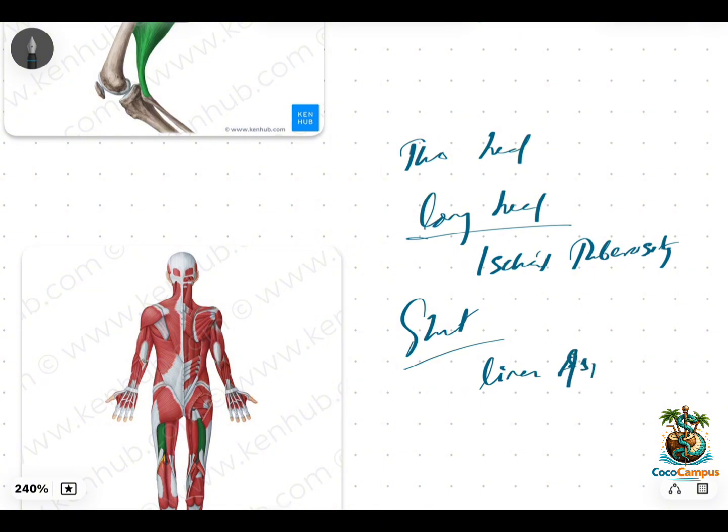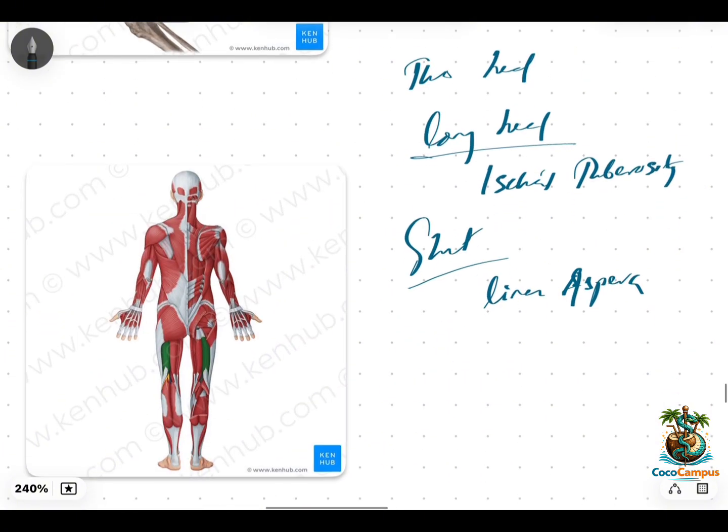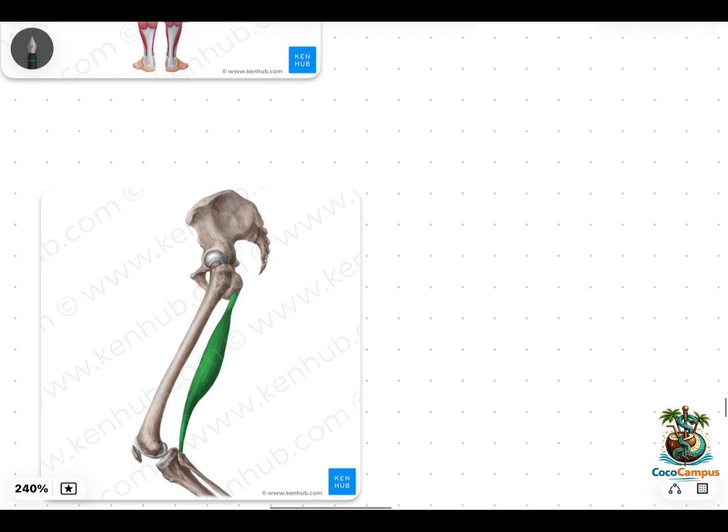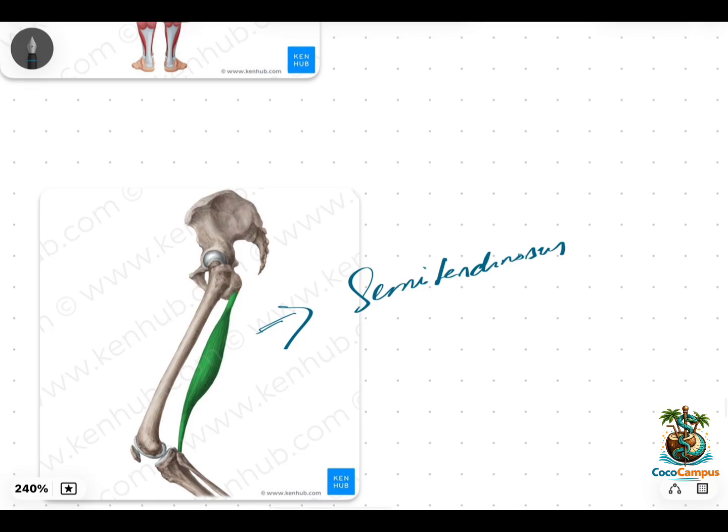Okay, so the hamstring contains three major muscles, right? Let us move on to the next muscle, your semitendinosus muscle. It has a long, cord-like tendon and it inserts at pes anserinus.